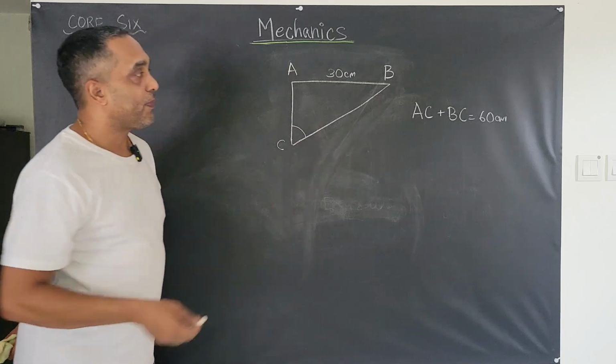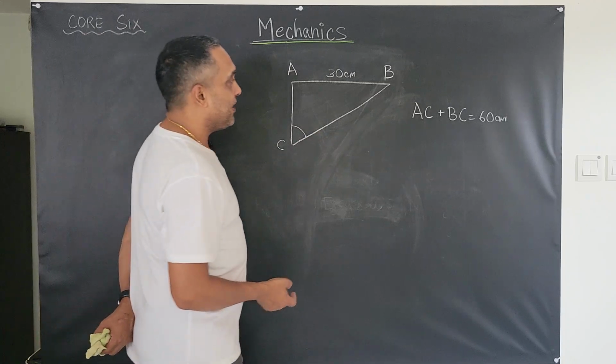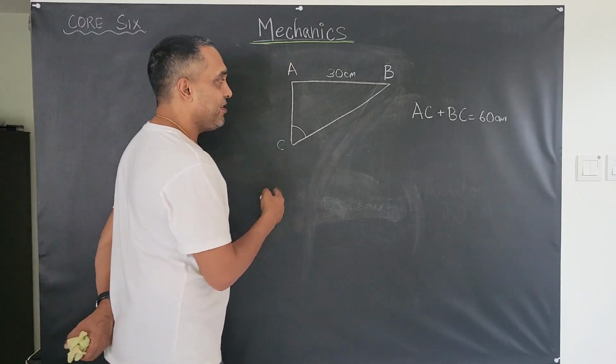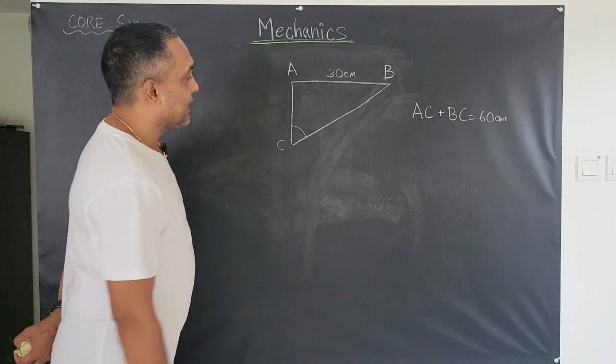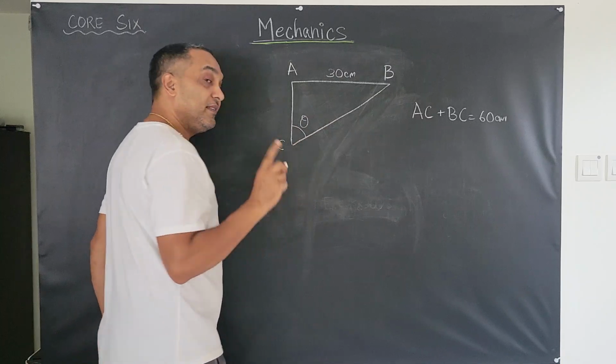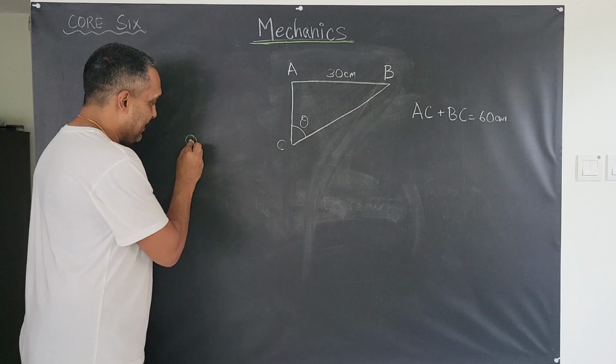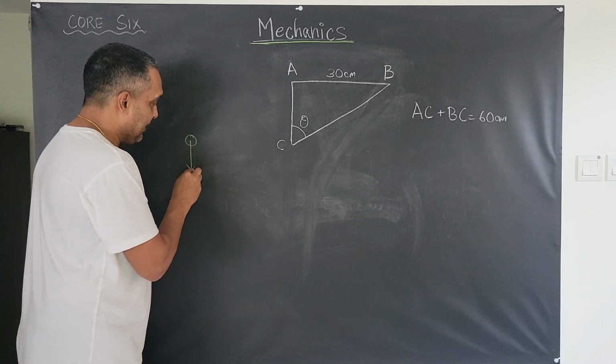How would you do it? Work the math out, right? If you know your Pythagoras theorem and a little bit of trigonometry, you can solve for this. Once you know this angle, then you come to the free body of the keys. You know that it is in equilibrium.